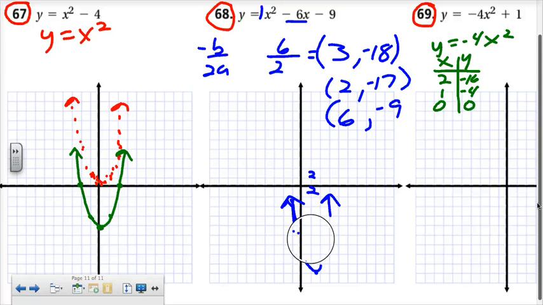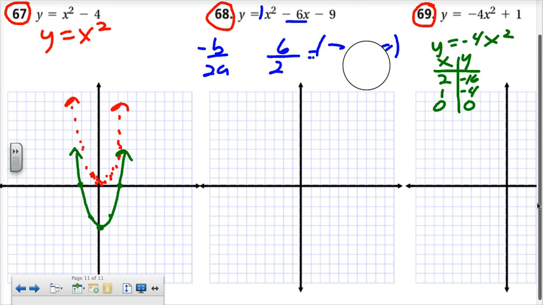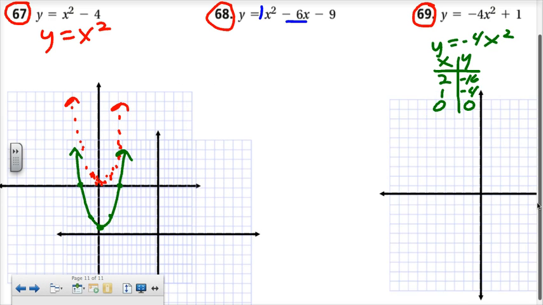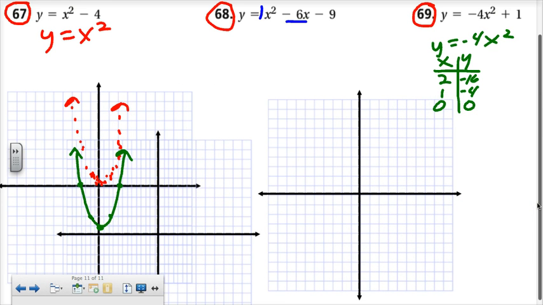So let me erase and get this graph where you can see it. All right, so this is our parent function. Right here. And then behind it, we have a plus 1. And that means all we need to do is move this graph 1 unit up.